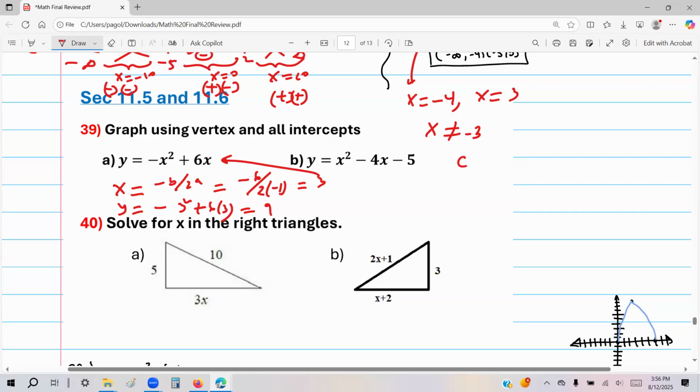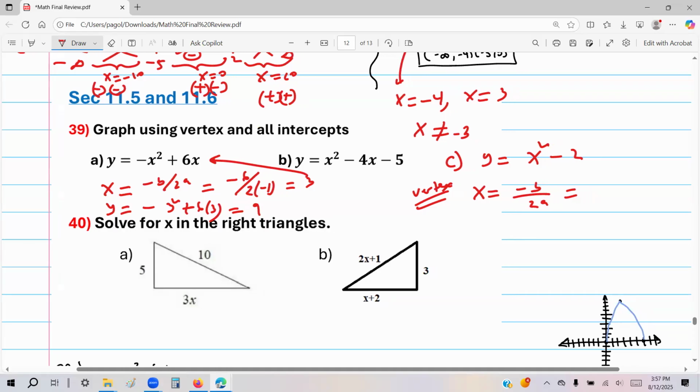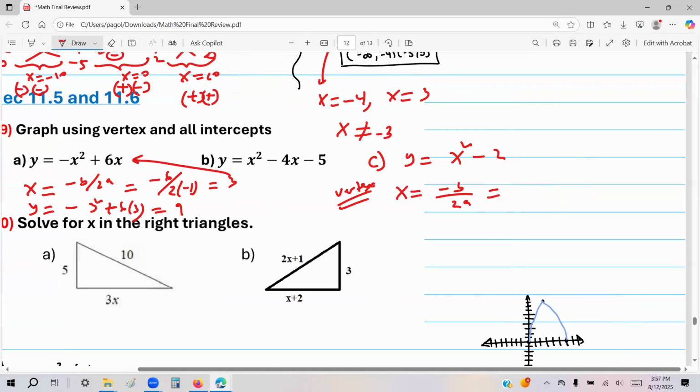Let me give you another one. Let's see here, y equals x squared minus 2. Now, what's the vertex here? -b/2a. So what over what? Wait, what is your b here?